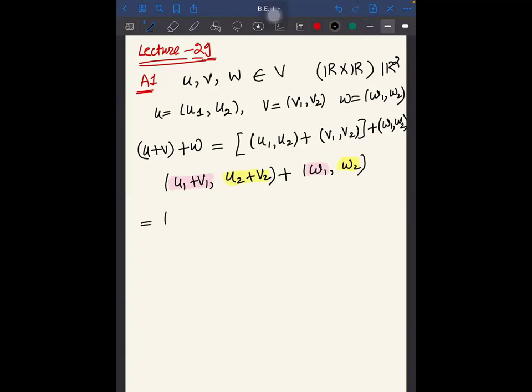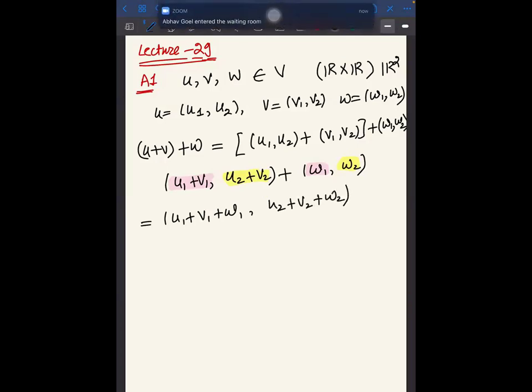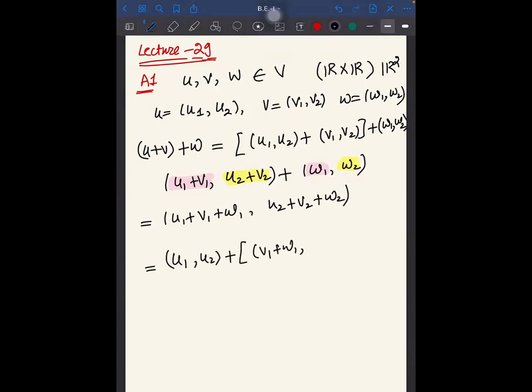So that becomes (u1 + v1 + w1, u2 + v2 + w2). Can I write it this way, taking (u1, u2) outside and writing (v1 + w1, v2 + w2)? Can this be done?